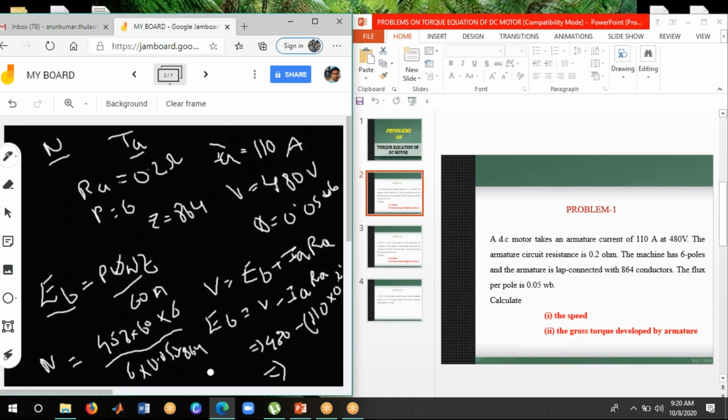Find the value of speed. What is the speed value here?